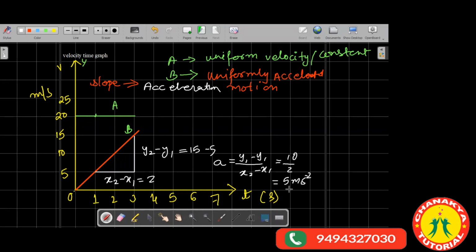So your acceleration is 5 meter per second square. Okay. Let me give you one more question and try. So here I give you another question.